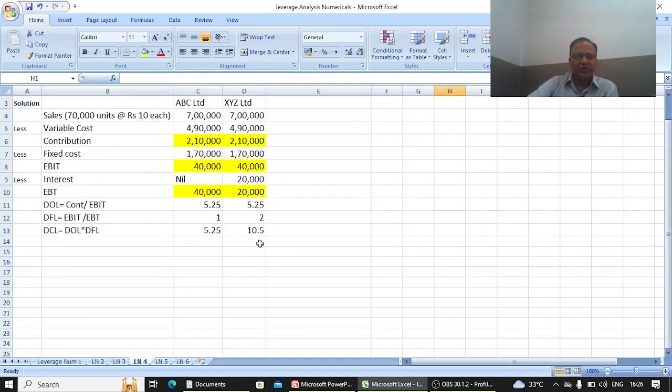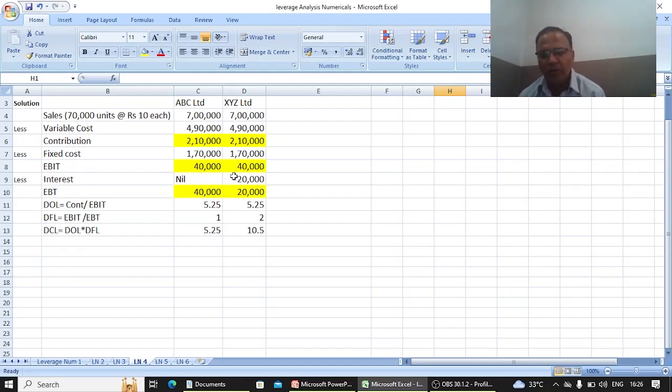In interpretation, you have to write down that the firms have the same degree of operating leverage, and if we find out degree of financial leverage, we find that XYZ Limited has degree of financial leverage 2.